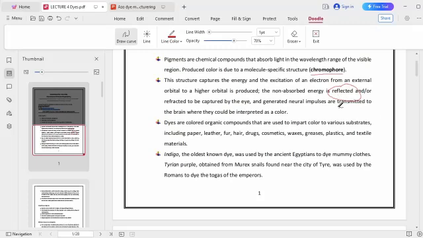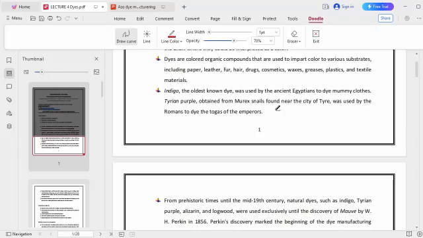So there is energy that is absorbed, and the one that is reflected is the one that we perceive as color. It is the reflected color that will be captured by the human eye, sending signals to the brain, which we can interpret as color.